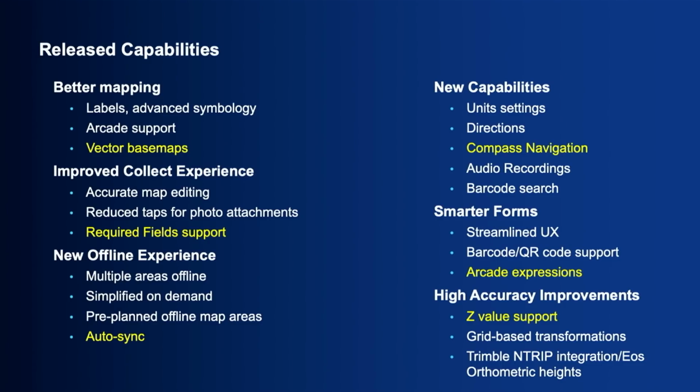And then a big thing for us with high accuracy is that we actually support z-values directly inside of the geometry today. And through the work we've been doing with EOS, to help us in the shorter term, they can download an accurate geoid model like NAVD88 if you're in the US.